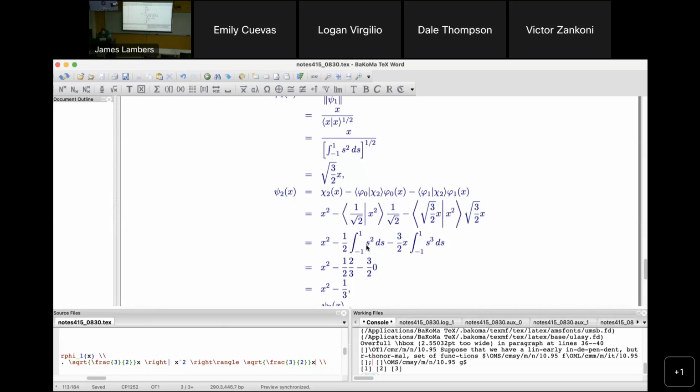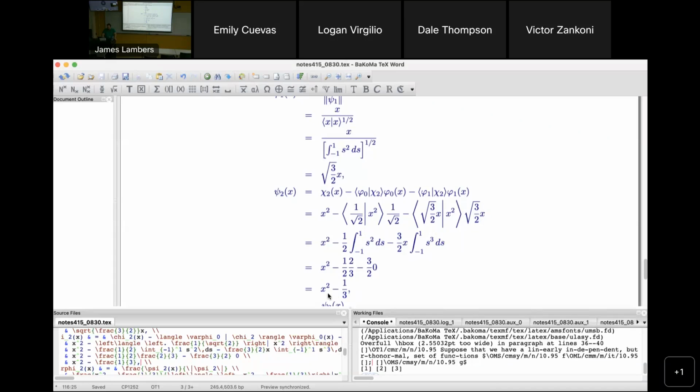And then here, even function on a symmetric interval, you integrate from 0 to 1 and double the result, which turns out to be 2/3. So this is what we end up with: x squared minus 1/3. And that is orthogonal to phi 0 and phi 1.